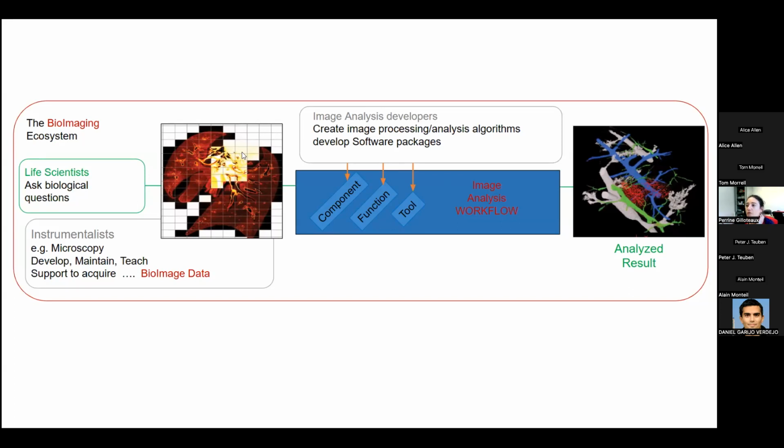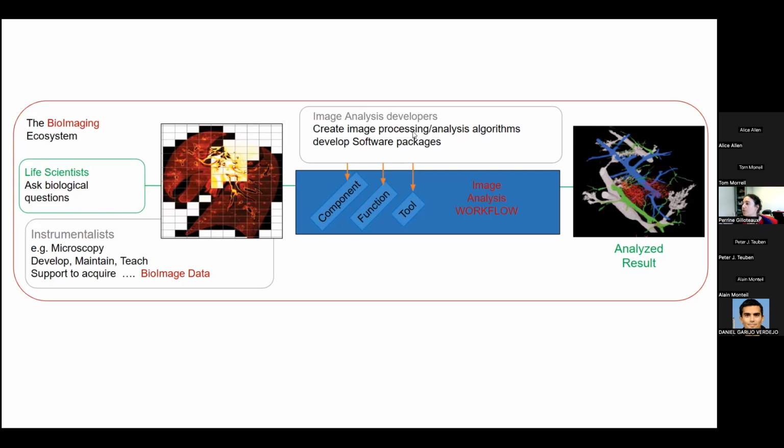And our community, I would say, is composed of different sub-communities according to their skills or their interest in research questions. The first one, of course, is the life scientists, the biologists, who are the ones going to ask the biological questions. Then we have the people dealing with the development and usage of the high technology acquisition machines that we have, creating the data in microscopy.